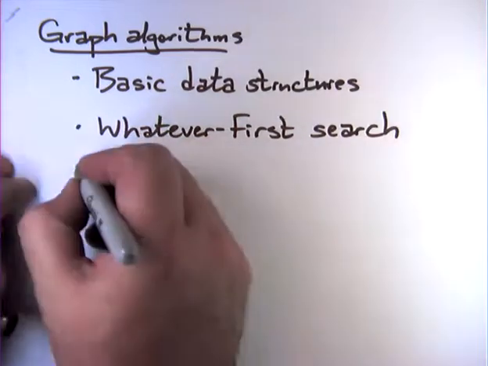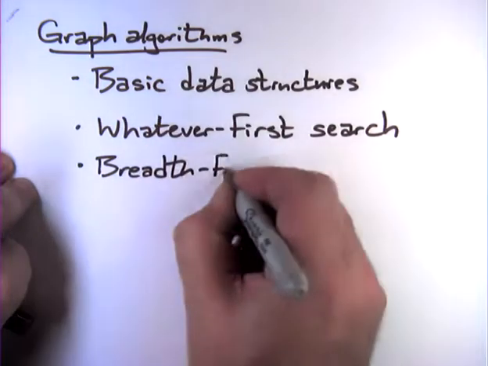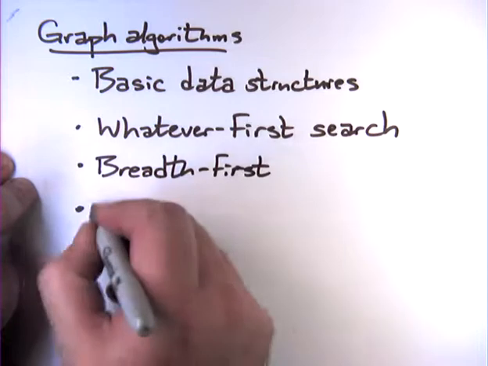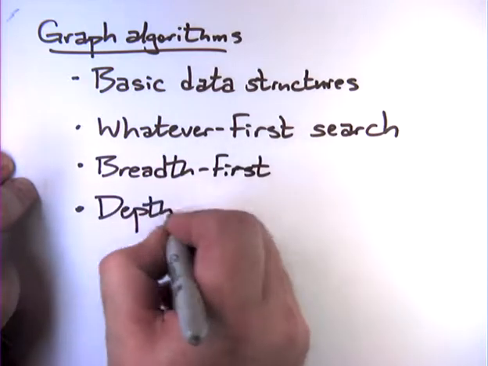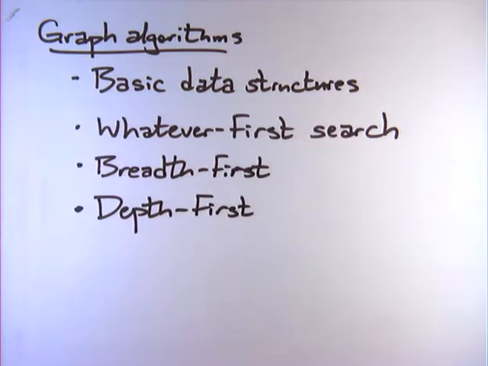And then the two special cases of whatever-first search that are the easiest to implement and the most useful are breadth-first search and depth-first search. In breadth-first search, you use a queue for the bag, and this allows you to compute shortest paths, meaning minimum number of edge paths from your start vertex to every other vertex in the same component.